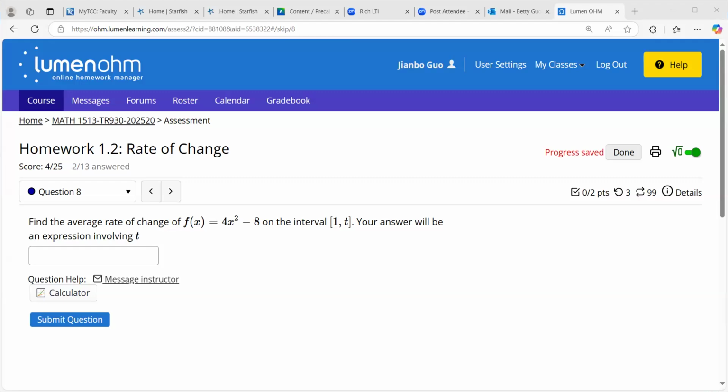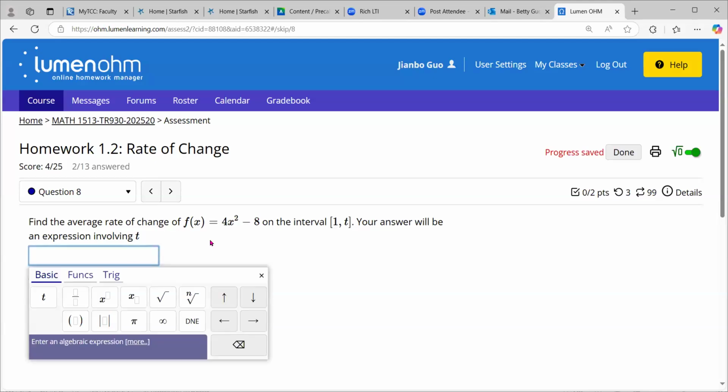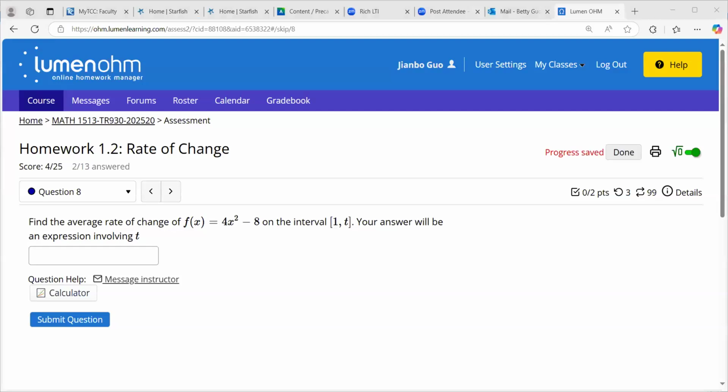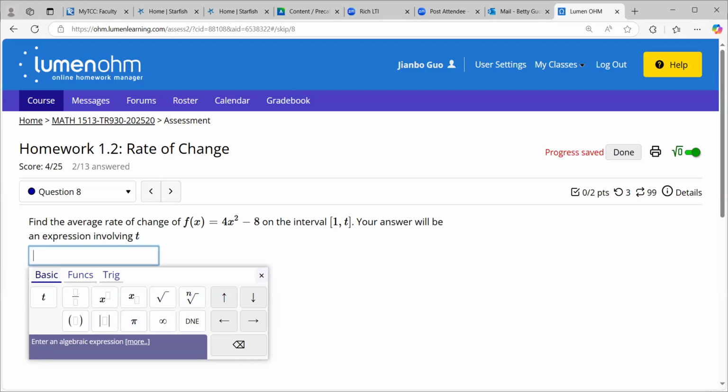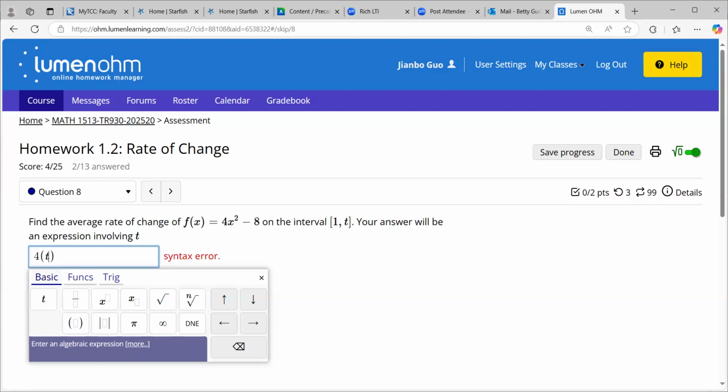Your number might not be the same as mine. Now it's switched. But the one that we were doing, I did get the same question and it said that it was still wrong. Oh, so let me enter, what's our answer? I got 4 times parentheses t plus 1, right? Yeah. Let's try that. 4 times parentheses t plus 1.